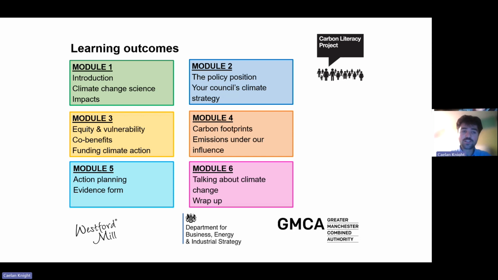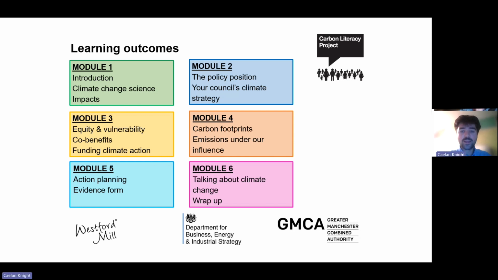So the course starts with module 1, which is a grounding in climate change science and impacts. In the next module, we cover climate change policy from an international level right down to your council's climate policy. So we look at things like COP, the IPCC, and then bring that down and look at how that relates to national and local policy.